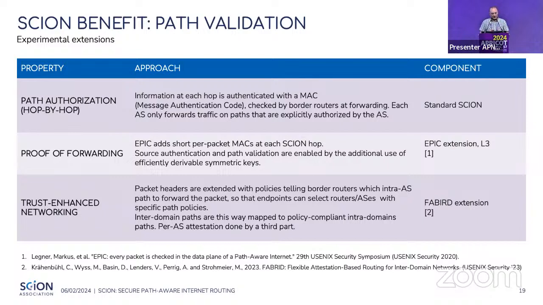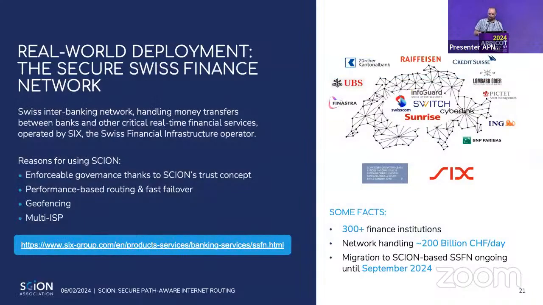And then there's also an intra-domain extension based on a similar technology called FABRID. Again, that's at the moment a research, experimental implementation. Okay, so that's the theory, that's the background.